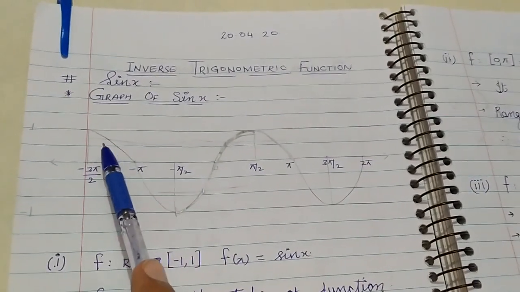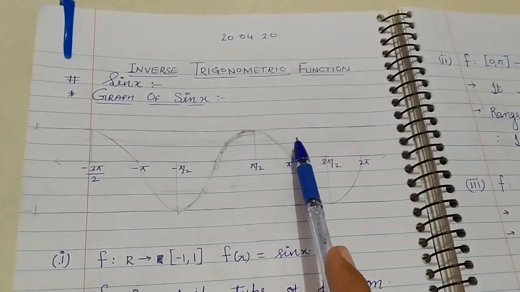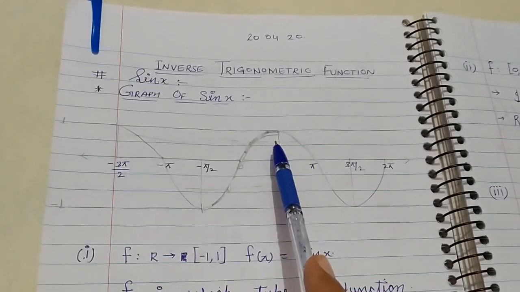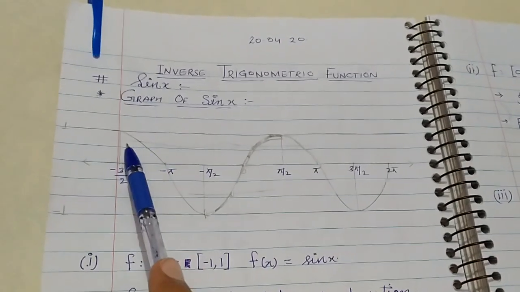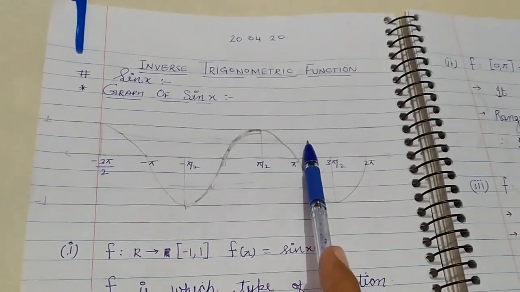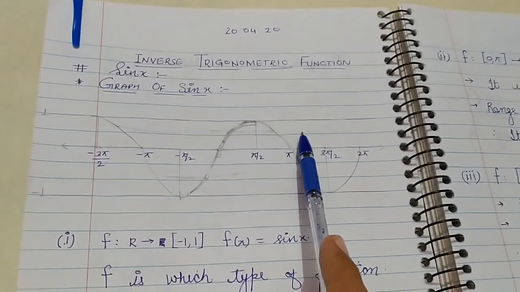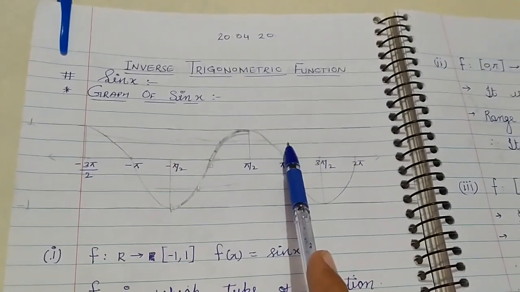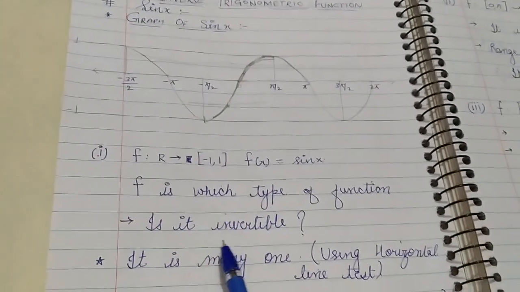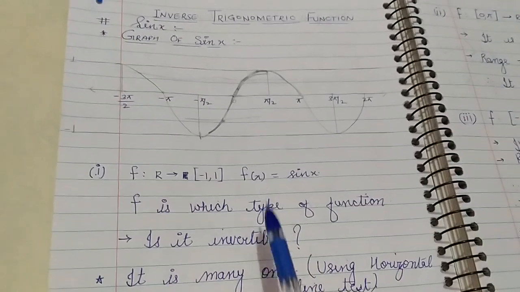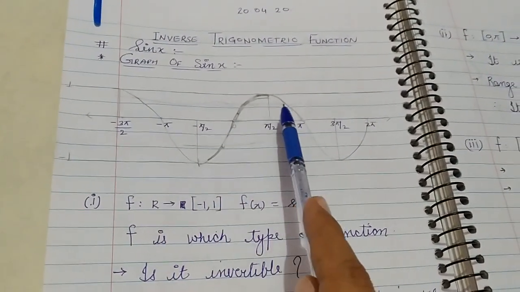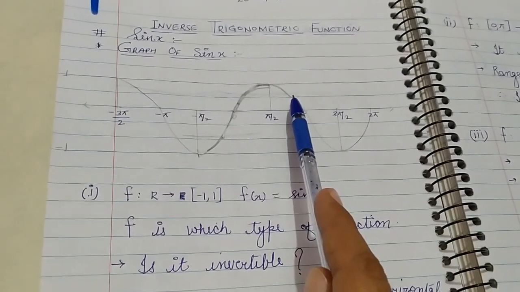If we draw a horizontal line parallel to the x-axis, then this line intersects the curve at multiple points, and using the horizontal line test we can say that the given function is many-one, as it is intersected by this line at multiple points.